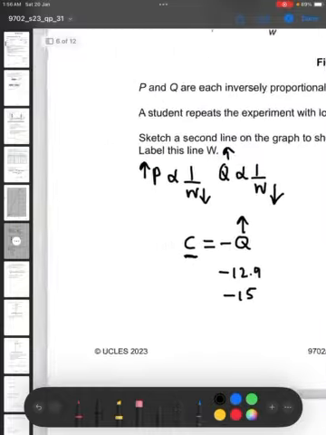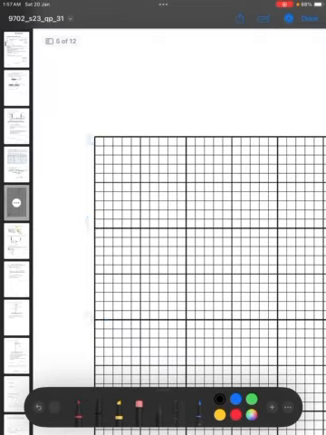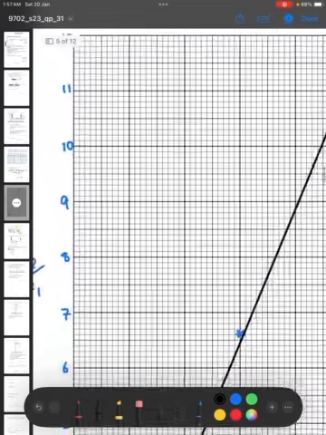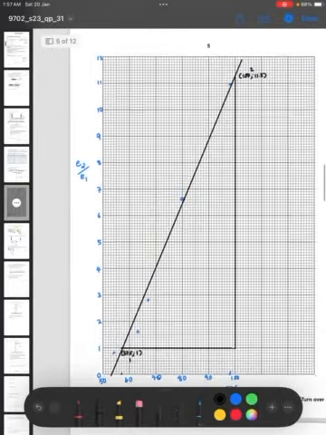But P corresponds to the gradient. So when P increases, it means that the gradient has also increased. So if the gradient has increased, then the straight line would be steeper than the previous one. So we are going to draw a straight line which is steeper than the previous straight line that we had.